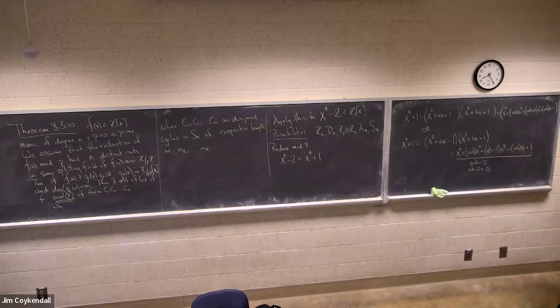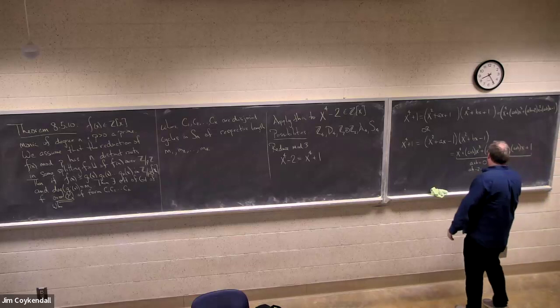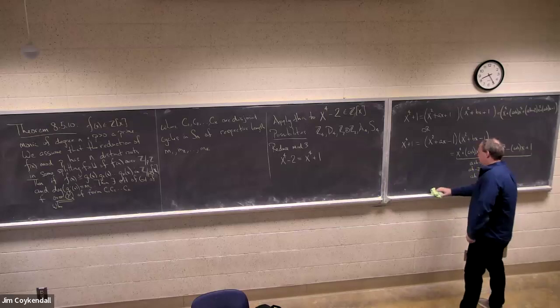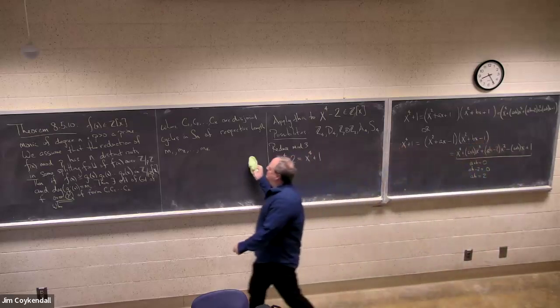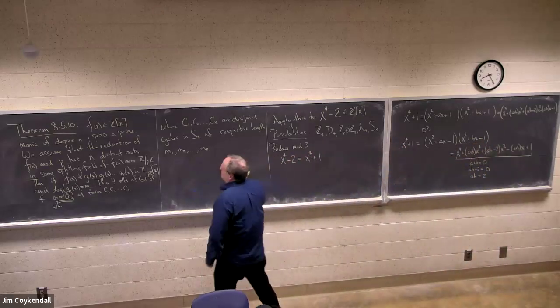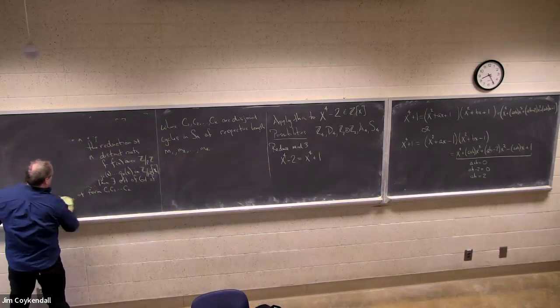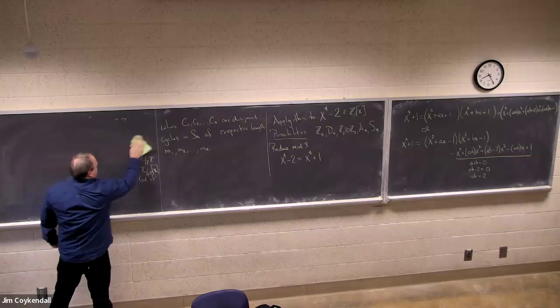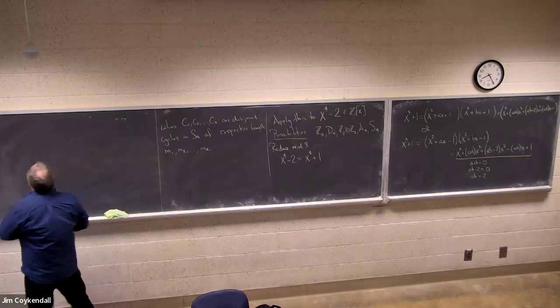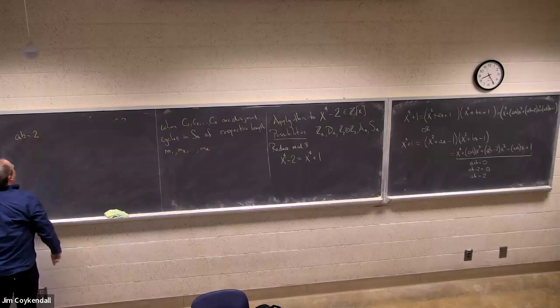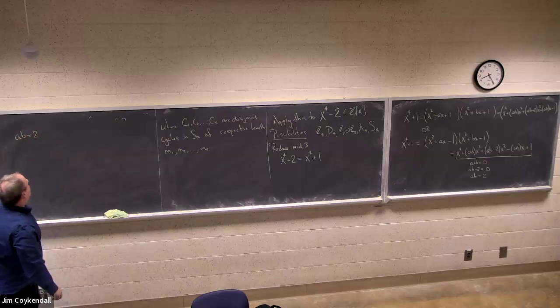So here, in this case, I get ab equals 2. Oh, let's go back here. So I get ab equals 2, and I also get a equals minus b.